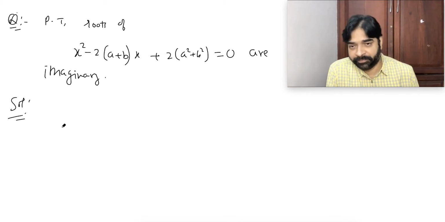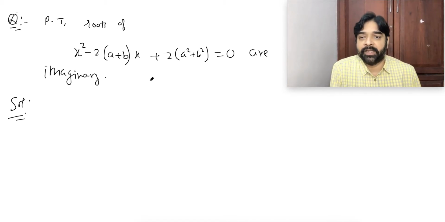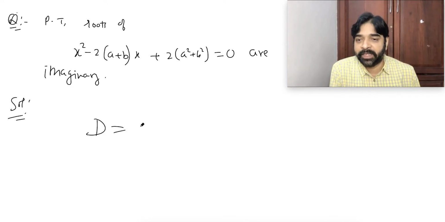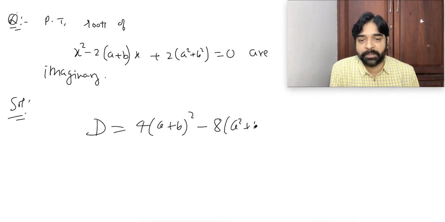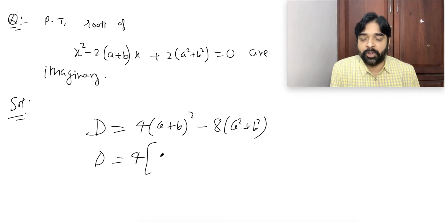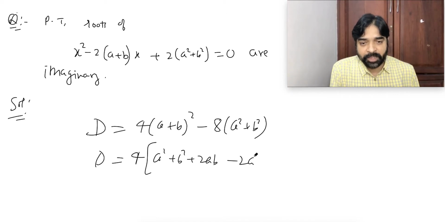Time is up. Finish. Cross check it. Very simple. For imaginary roots, we have to find the discriminant. b square minus 4ac means 4 into (a plus b) whole square minus 8 into (a square plus b square). So D equals 4 common, and this is going to be a square plus b square plus 2ab minus 2a square minus 2b square.